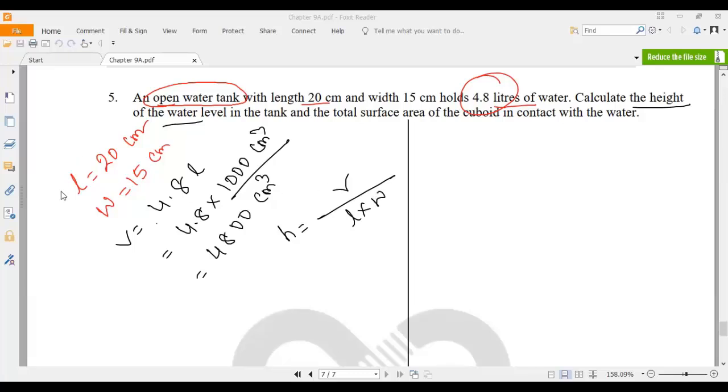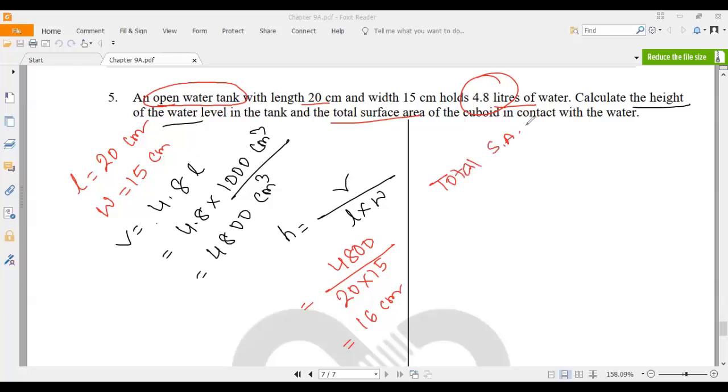So volume is 4800 and length is 20 and width is 15. After calculating this one, we will get 16 centimeter. Now, the last part, the total surface area. So what will be the total surface area?